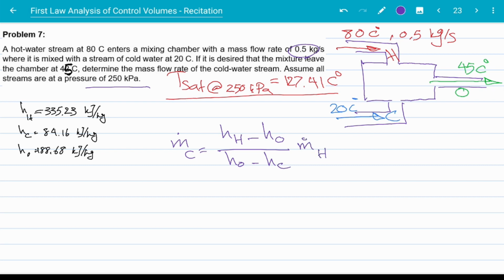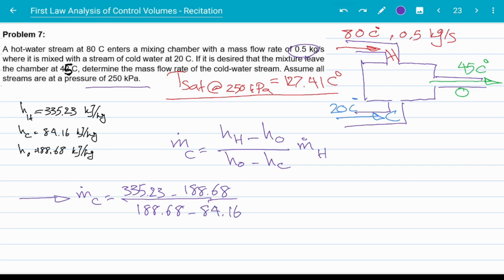Now plug in numbers, I get m dot c is 335.23 minus 188.68 over 188.68 minus 84.16 times 0.5. This gives me mass flow rate of the cold stream is 0.7 kilograms per second.